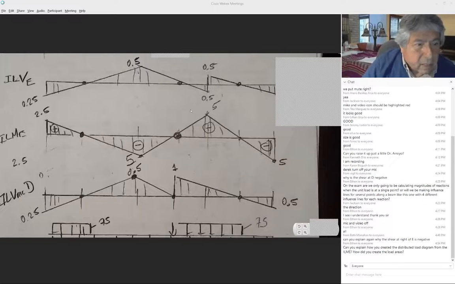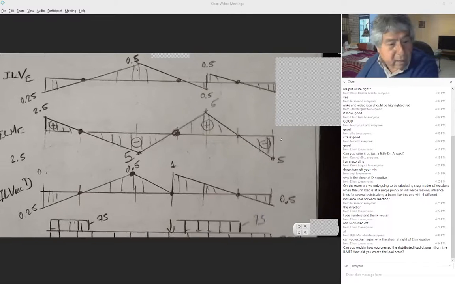Okay. So then when the maximum positive, I'm gonna load this area with positive and dead load. I'm gonna load this only with dead load. I'm gonna load this with dead and live load, and this only with dead load.